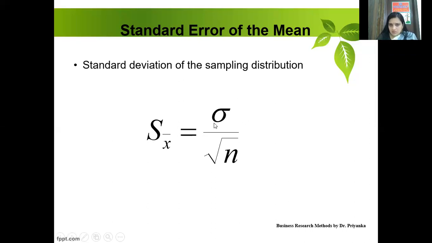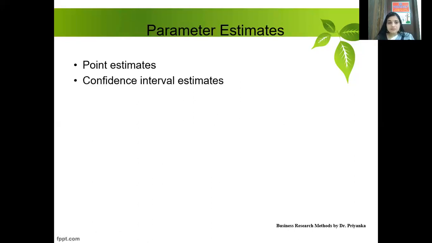We discussed in the last slide that S on X bar is the standard deviation of the sampling distribution, and it is calculated as the standard deviation of the population divided by the square root of the total units in the sample. Small n is denoted for sample, and capital N is denoted for population.